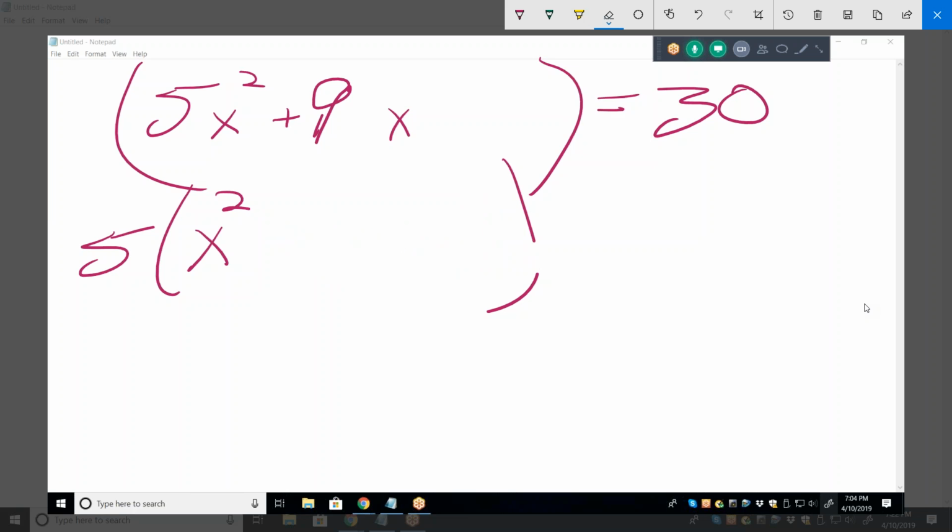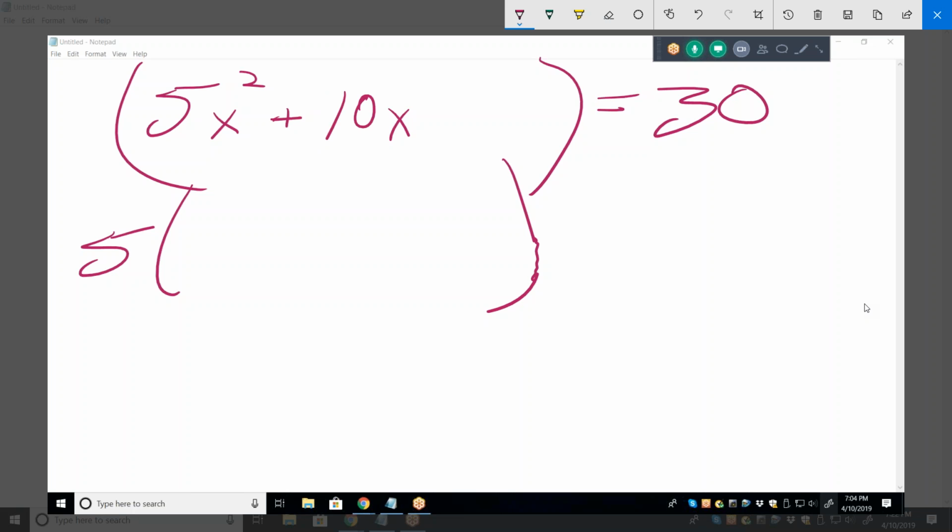You're not taking out the greatest common factor. You're not even taking out a common factor. You are merely dividing everything by that coefficient of the first term. So I'm factoring out 5.